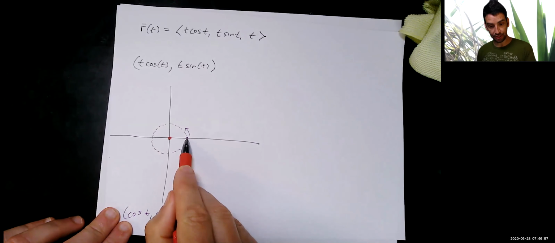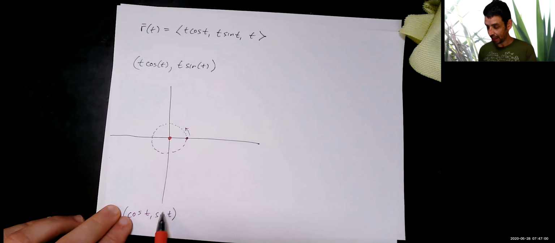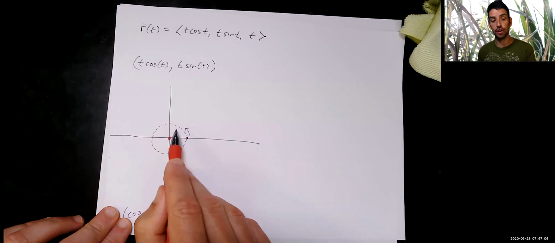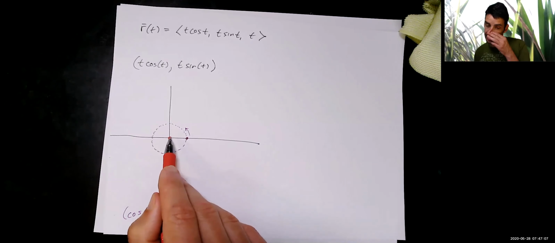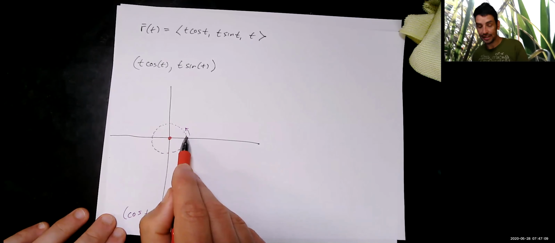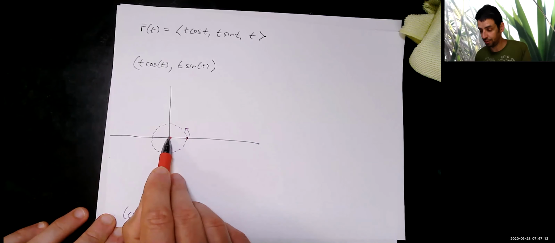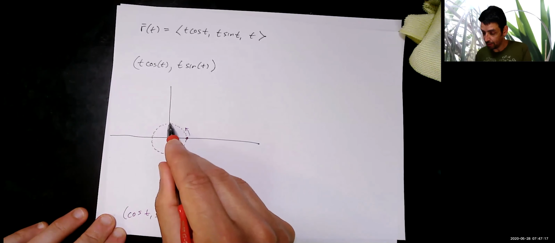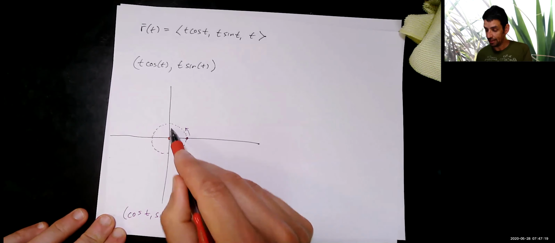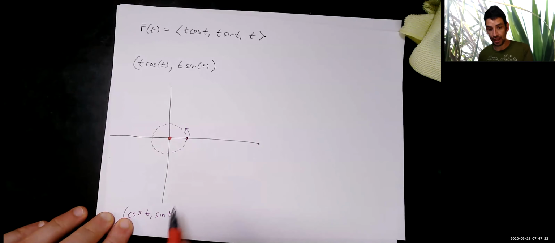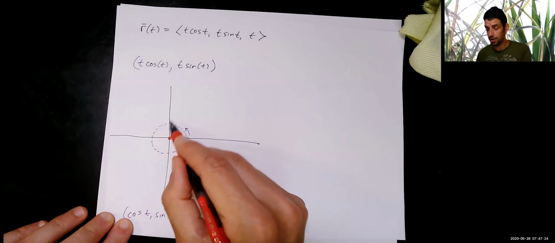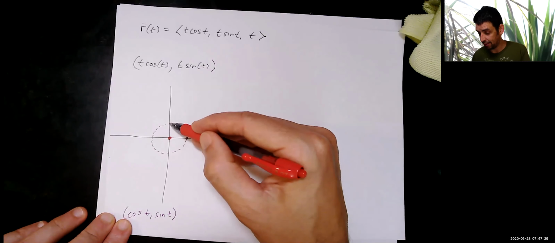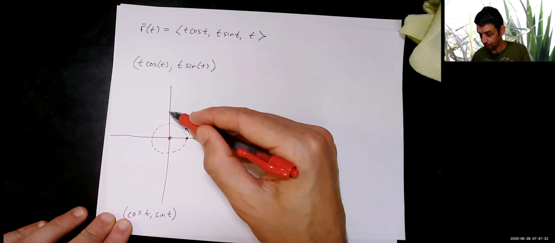As we increase t, without the coefficient of t in front, we'd be moving around this circle, but what's happening instead is we're tracing out this circle with an increasing radius. We're starting with a radius of 0, and as we circle around, our radius is getting larger, right? By the time we're pointing straight up, we would originally have been up at the point 0, 1, but we've multiplied, right? This happens at pi over 2. Pi over 2 is about 1.5, just a little bit bigger than 1.5. So we're somewhere up here.